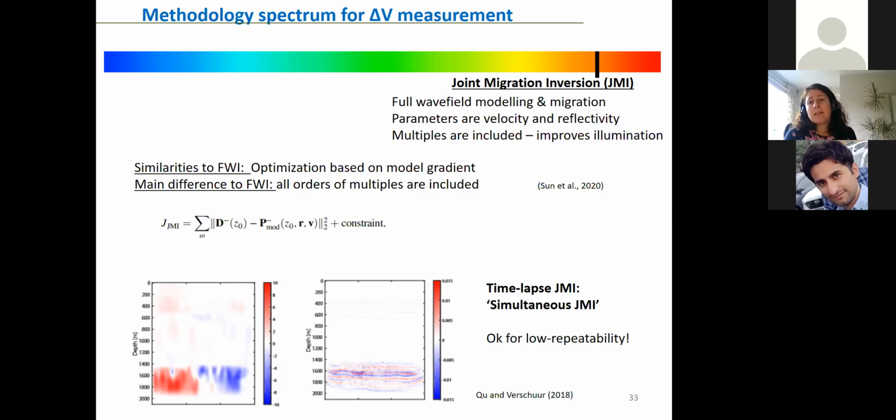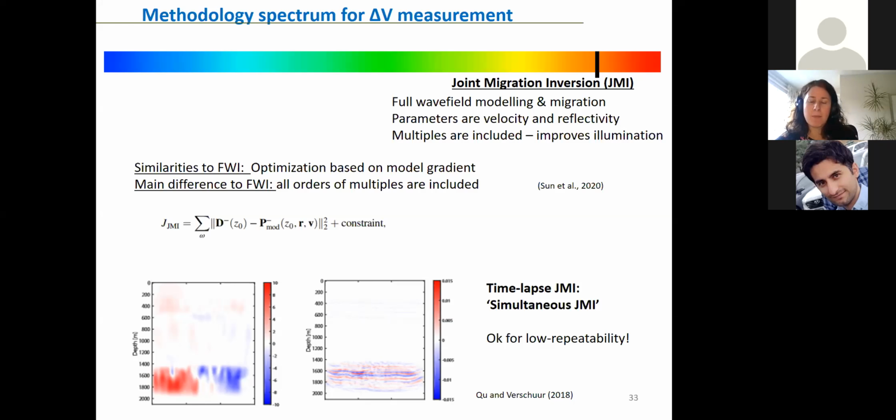So this is joint migration inversion, and it's been developed primarily by the Delphi group in Holland. Again the forward modeling is full wavefield modeling, and it incorporates migration as well.